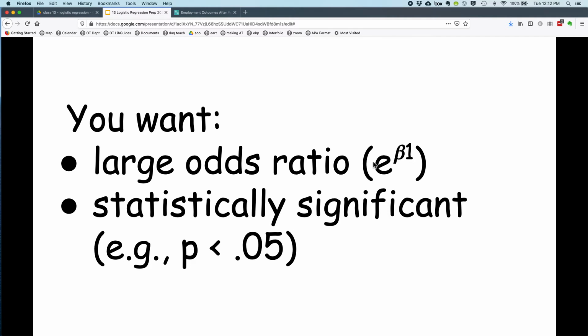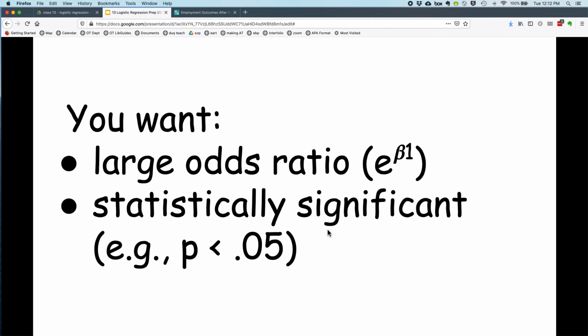So you want this odds ratio to be either very big away from 1, so 2 or 3 or 5 or 10, or very small, 0.1, 0.2. Either way, your predictor variable is having a large impact on the probability of a positive outcome for your outcome variable.